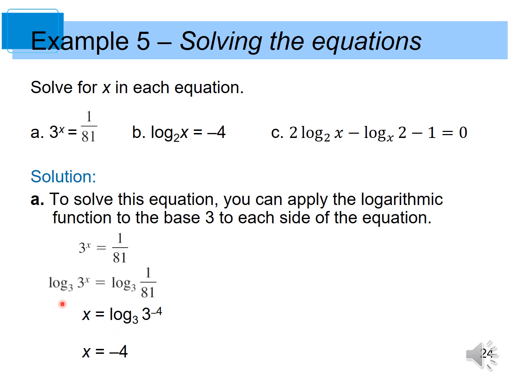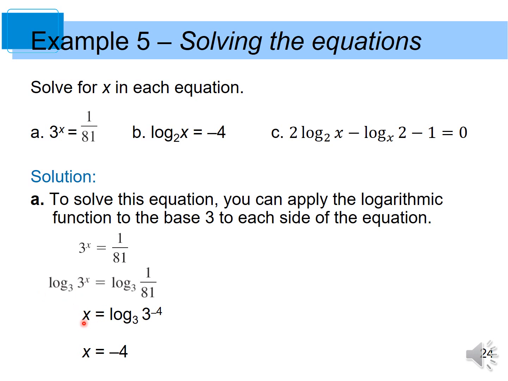So now we have log of 3 to the power x base 3 equal to, same for the right side, log of 1 over 81 to the base 3, and you can see here you can simplify because they are inverse functions. The log base 3, the exponent base 3, so you only have x.